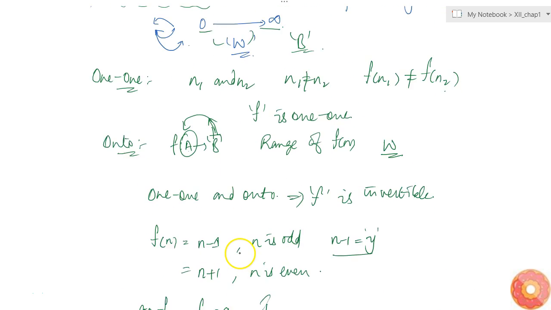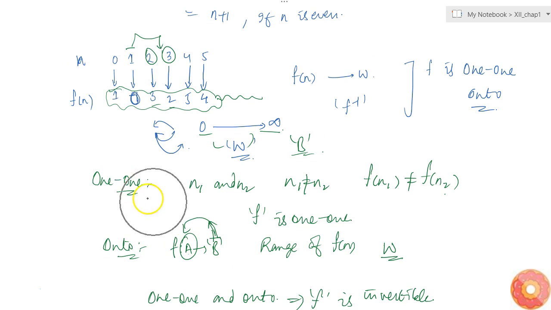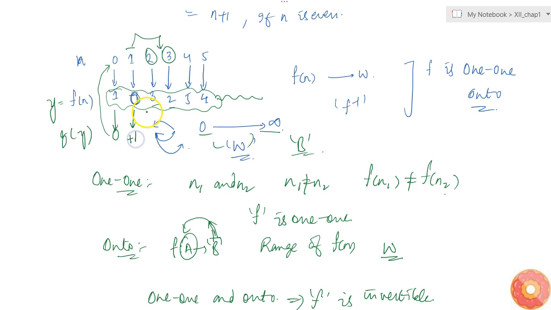If you go up and check back, here this is y. So g of y will become, for 1 it's 1 minus 1, 0, so we're just going back to this place. For 0 it's plus 1. For 3 it's 2. So we are just getting the inverse of everything.